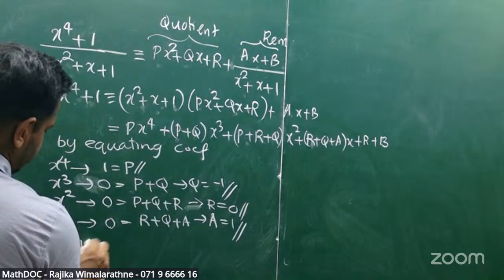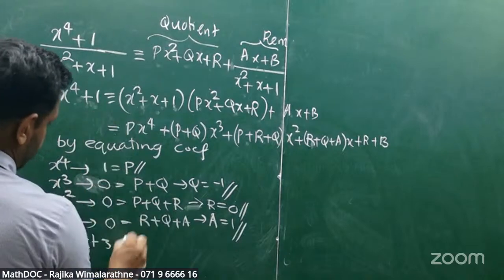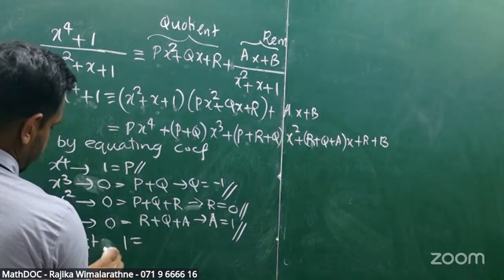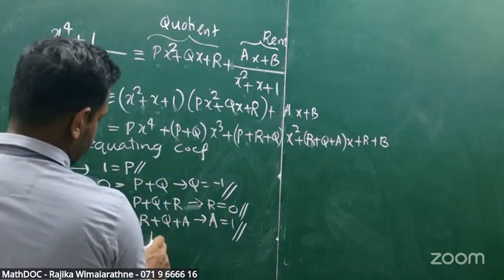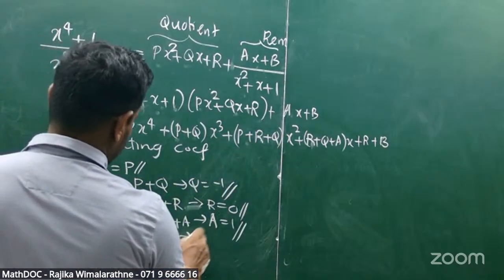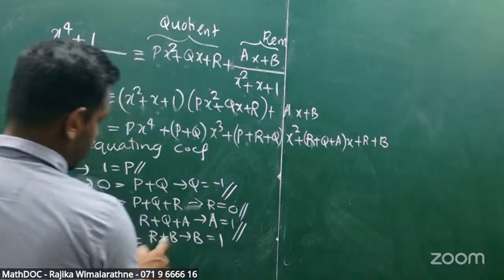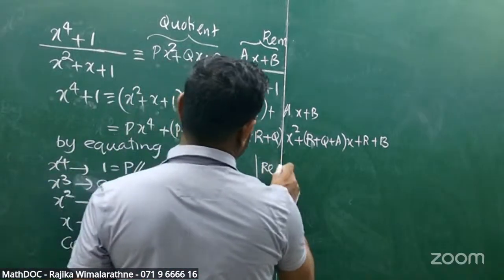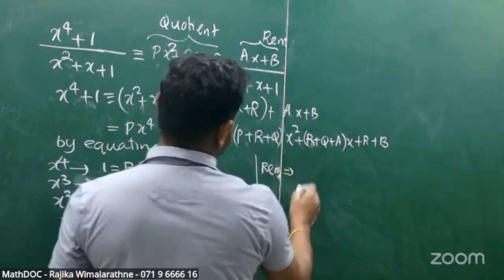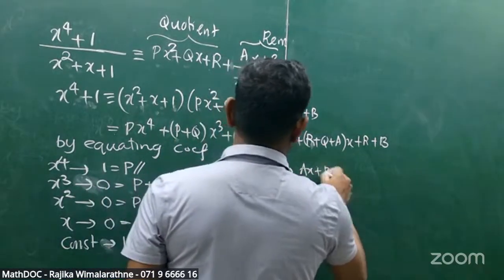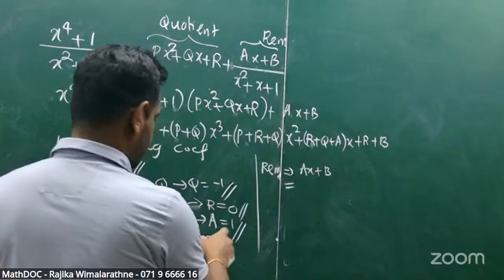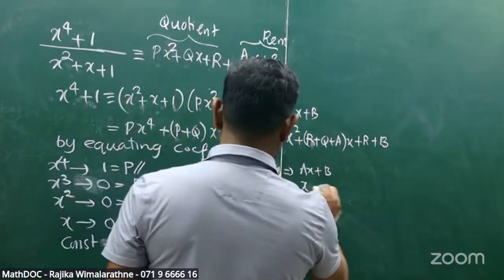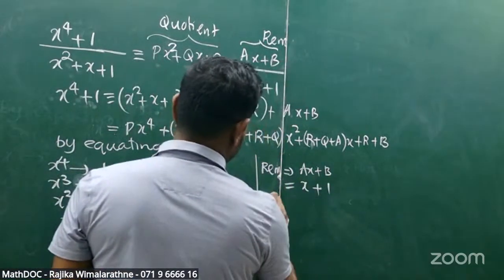Then the constant, here 1, there r plus b. Then b equals 1, r value 0. No? Therefore, you write the remainder is ax plus b, a value 1, b value 1.